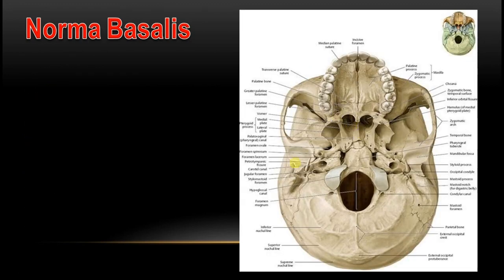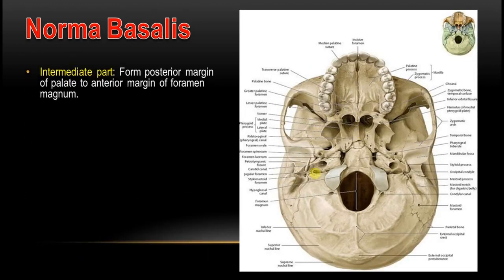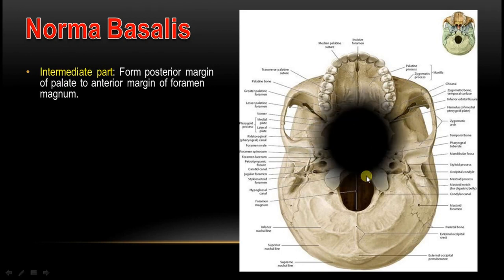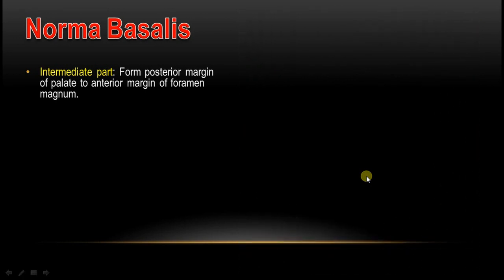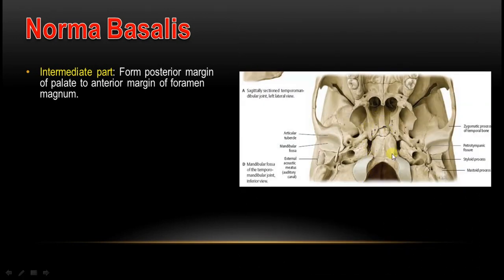Next, coming to the intermediate part. The intermediate part is from the posterior margin of the hard palate to the anterior margin of the foramen magnum. Here the structures are arranged in the midline and on either side.